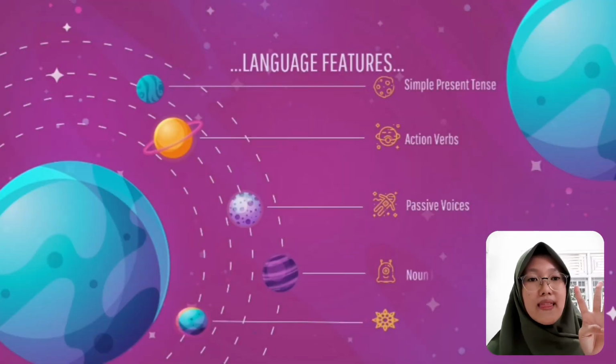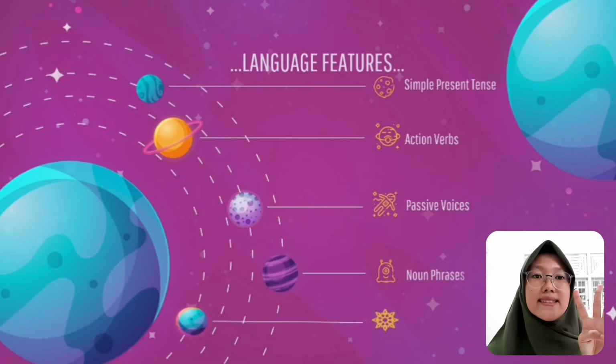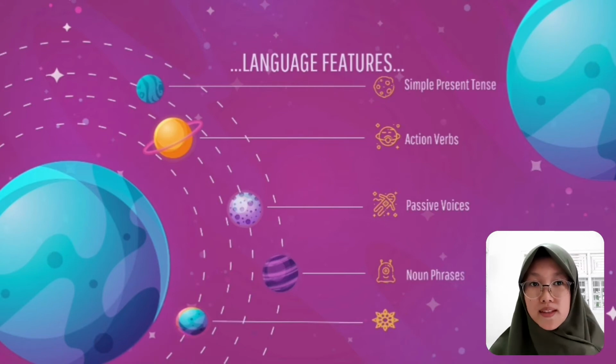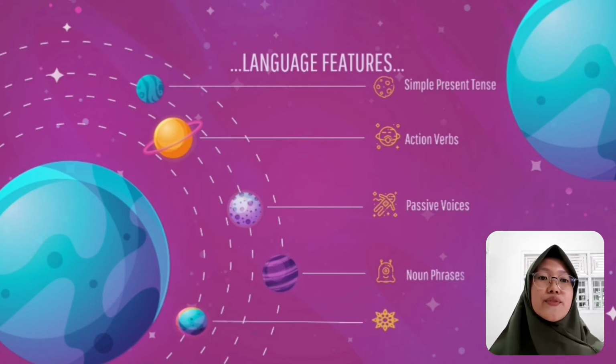The fourth language feature is noun phrases. This is a group of words headed by a noun that includes modifiers. Simply, this is a phrase containing a noun. And as we know, a noun is a word to name something.